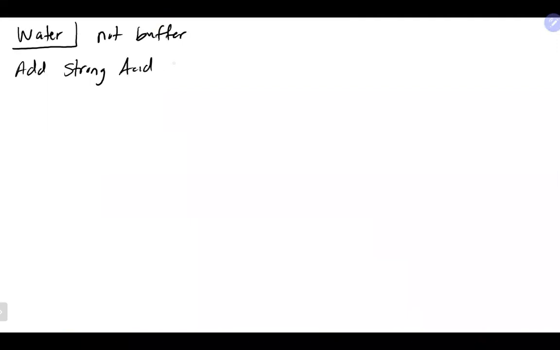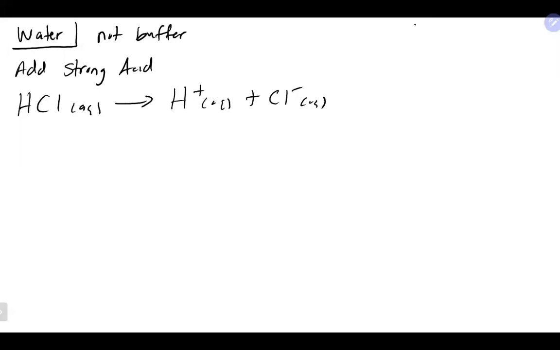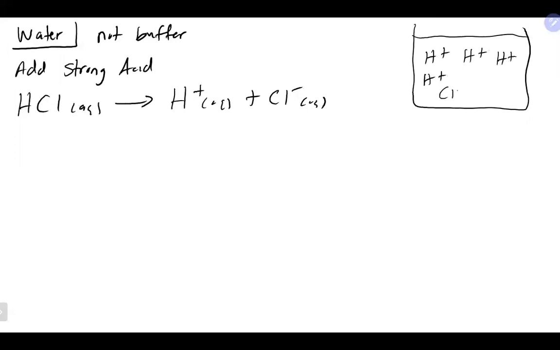So if we add HCl to water, what is going to happen is we're basically going to have this guy break apart into H plus and Cl minus. So basically in that beaker, what we just did is we just added a bunch of H plus that's free floating and some Cl minus.